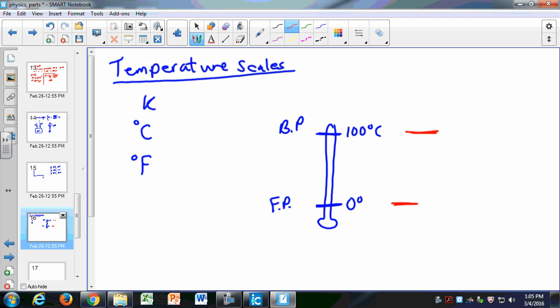What's the freezing point in Fahrenheit? It's 32 degrees Fahrenheit. The boiling point is 212. Yes, thank you. 212. So notice that the size of a degree is different for Celsius and Fahrenheit. Which one has a bigger change in temperature for 1 degree, Celsius or Fahrenheit?